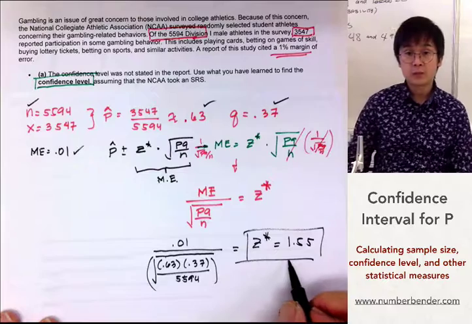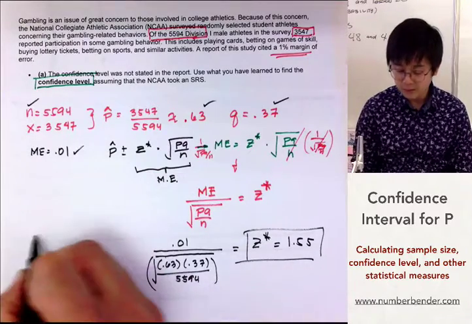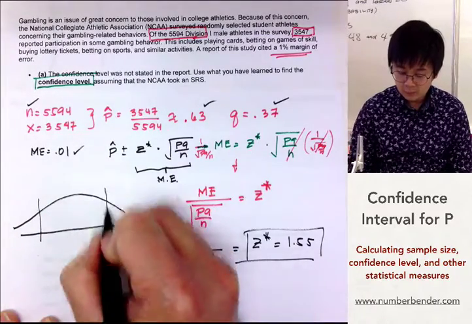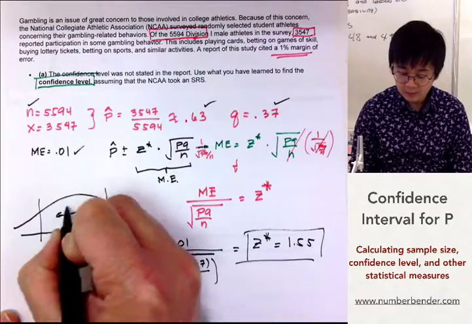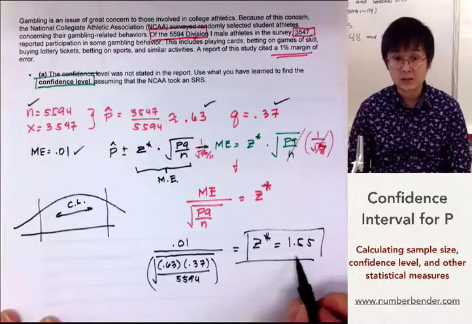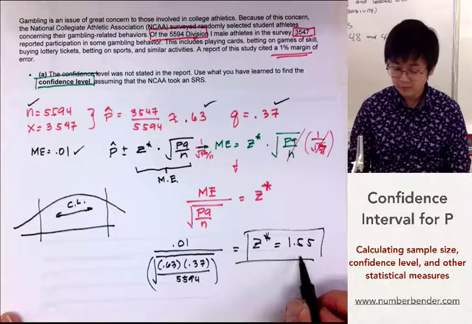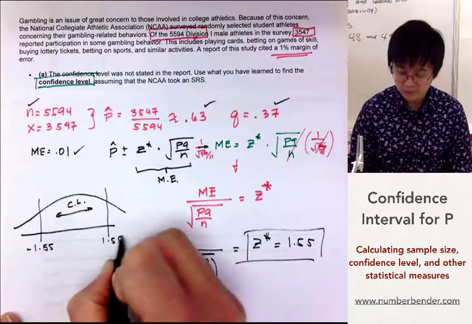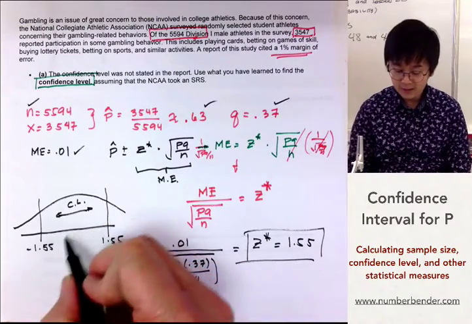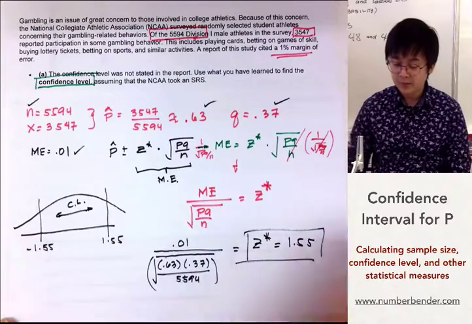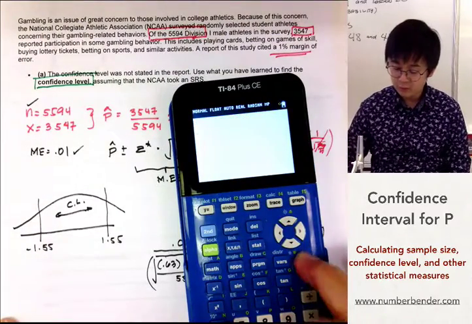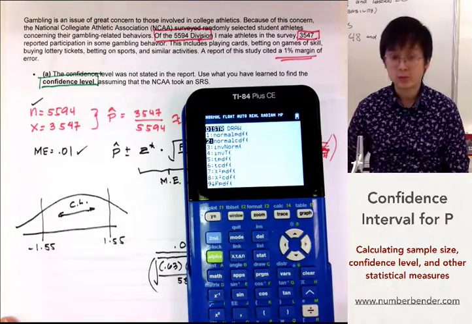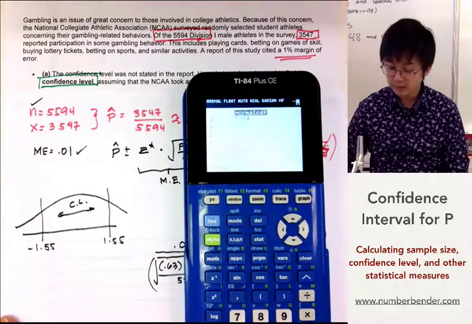So this will help us compute for the confidence level, because we know that in a normal distribution, this will be the confidence level that we are looking for, and since the Z star is at 1.55, we have negative 1.55 and positive 1.55 for our critical value, and the area under the curve is basically the confidence level that we are looking for. So to do that, we're using second function vars, and we're using normal CDF to compute for the area between curves.